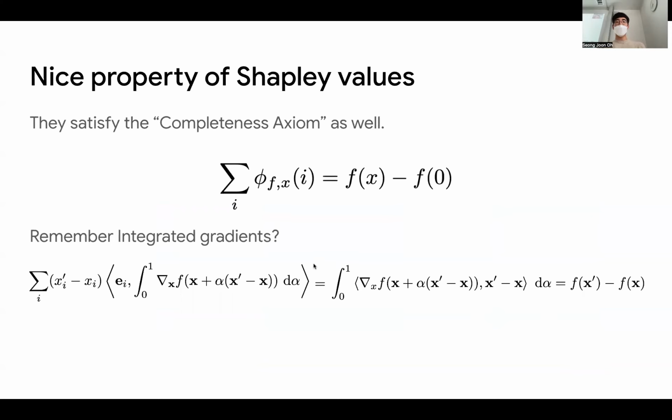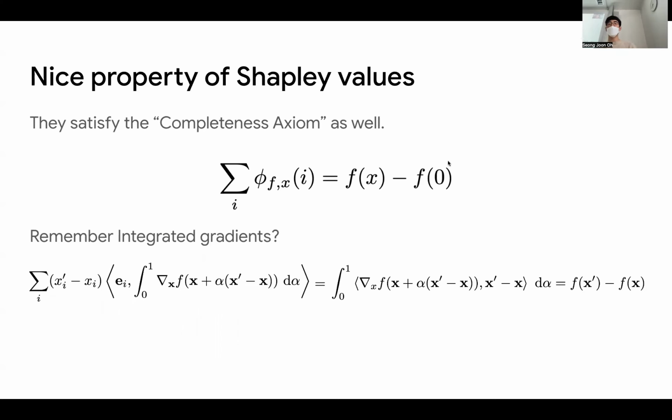And the nice thing about Shapley values is that they also satisfy the completeness axiom. If you sum over all the Shapley values for the feature index I, then what you're going to get is the difference between the final function value for your input of interest X and the value when X was 0, okay?